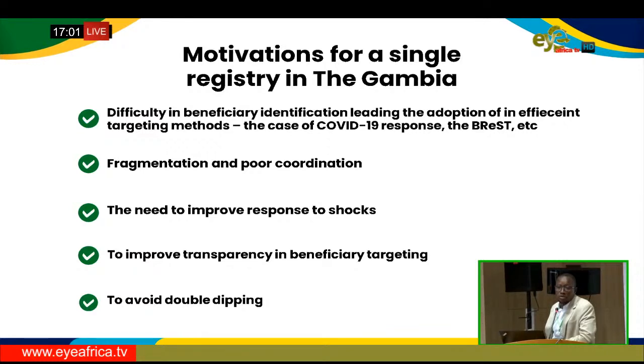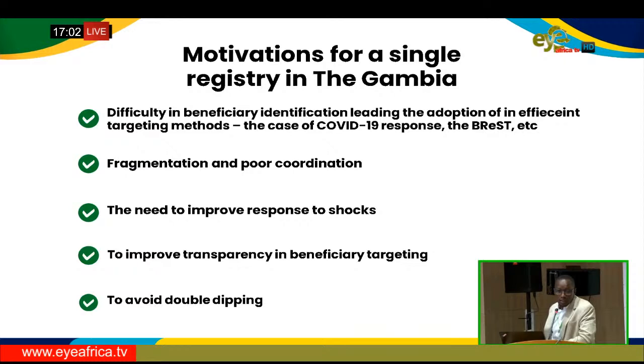We are all witnesses to how government intervention during the COVID-19 pandemic was delayed, and I don't know if I have the authority to say disorganized, because there was no ready-made data to at least inform who has what condition, so that we are able to target support to the most vulnerable.